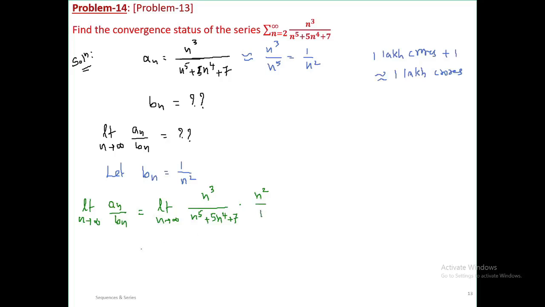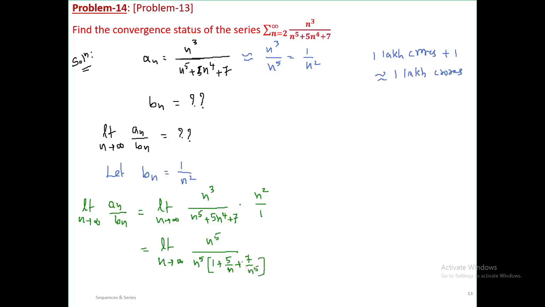Okay, and as the limit n becomes large, n to the power of 5 is common, so we get 1 plus 5 by n plus 7 by n to the power of 5.